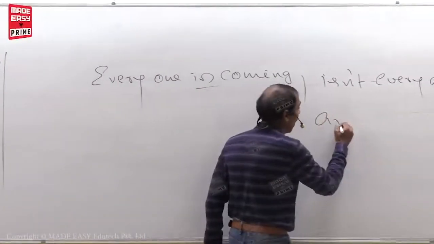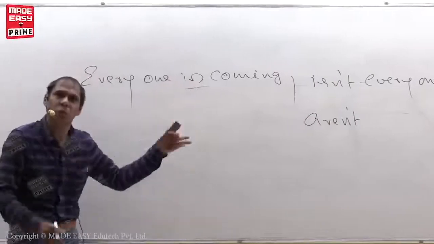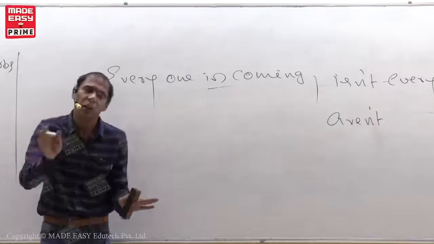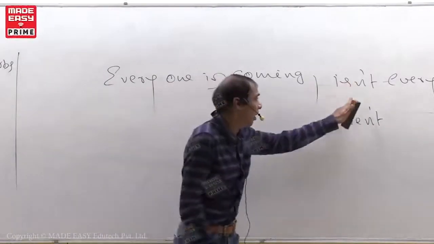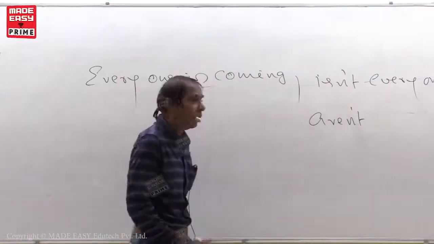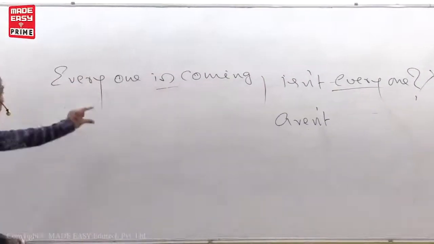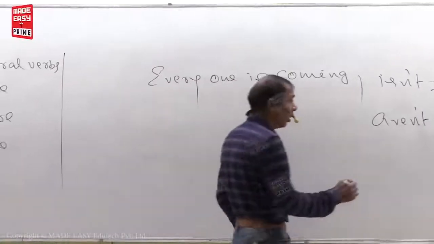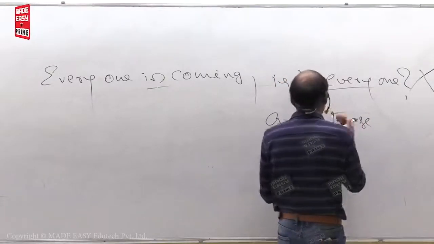Are plus not, aren't. The statement is positive, so the question tag must be negative, whatever the model. The question tag is always opposite to the statement. One more important point: in the place of all these words, we have to write they. Don't repeat these words in the question tag. Aren't they?